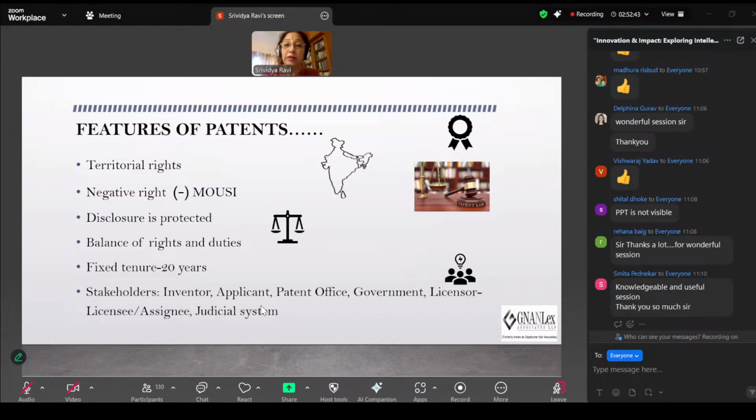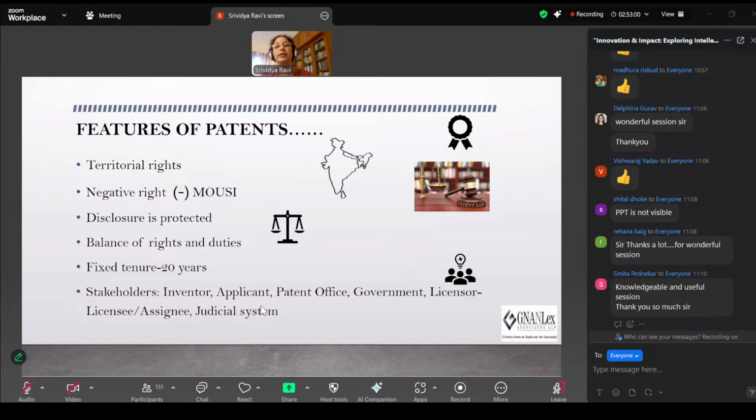If you file for a patent, then disclosure is mandatory. Only what is disclosed can be protected. And the right that you get is enforceable for 20 years from the date of filing.